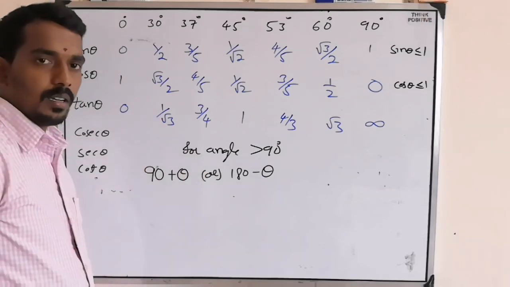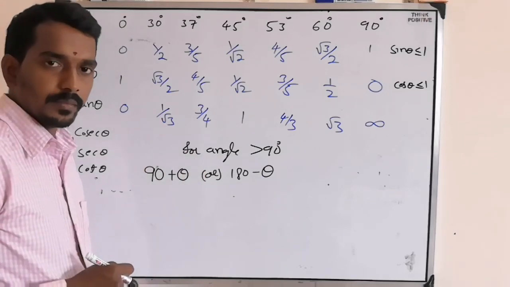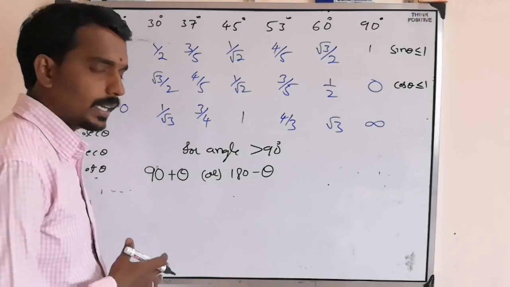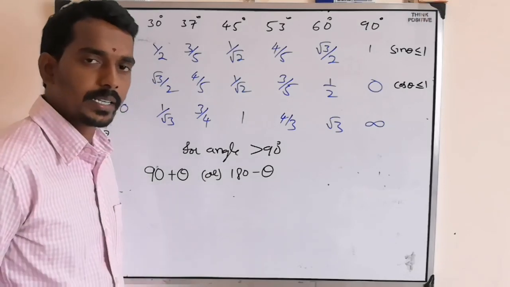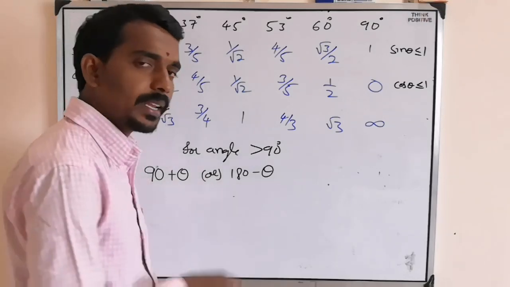Suppose 120 degrees is there. What can we write it as? 90 plus 30, or 180 minus 60.